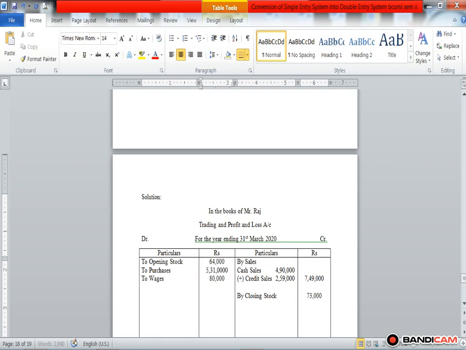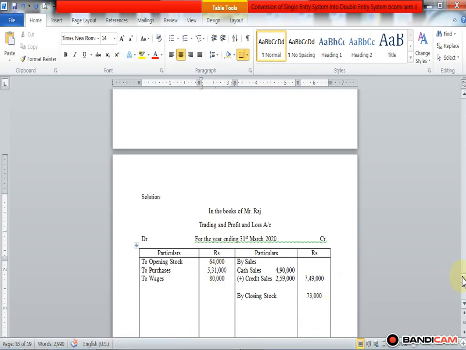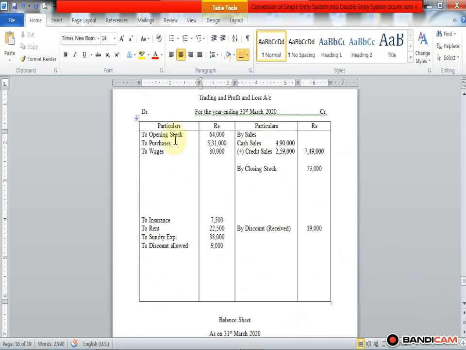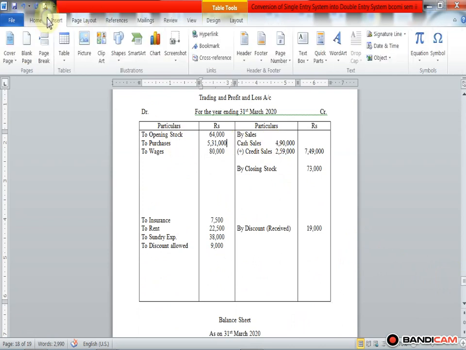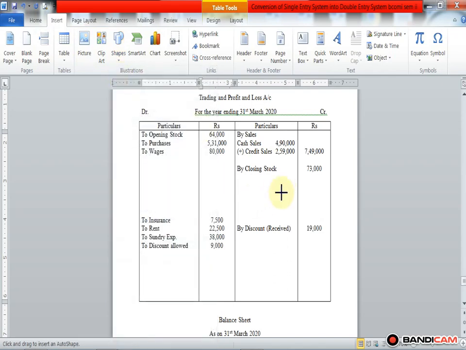Here the credit side of the trading account is more, so close the trading account first, then the profit and loss account.